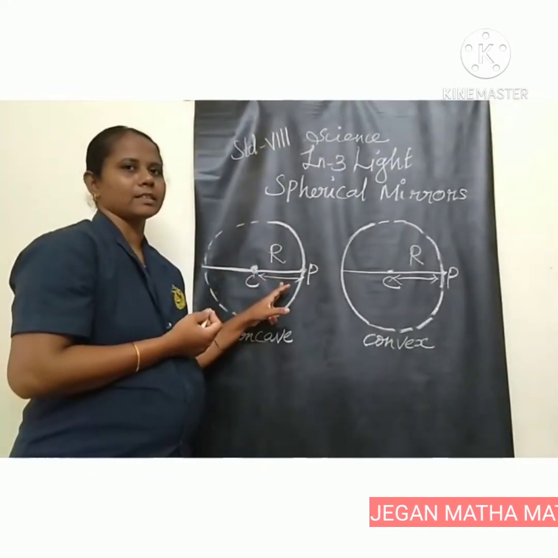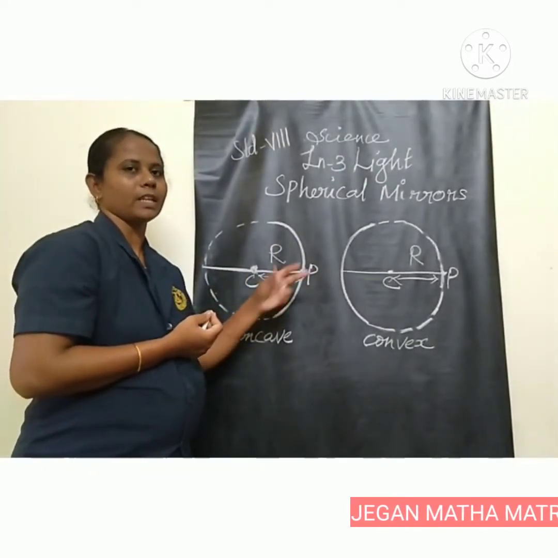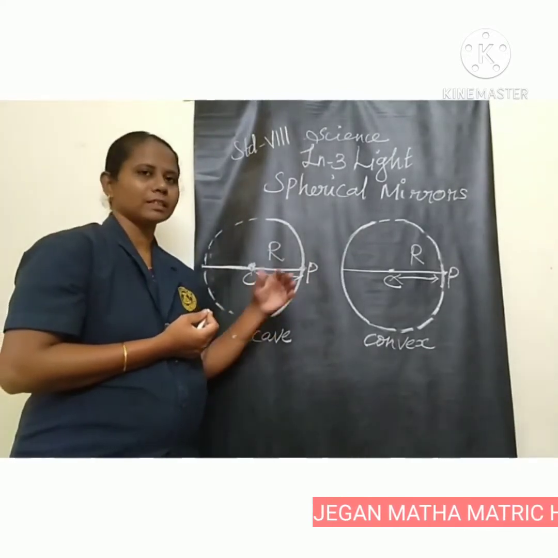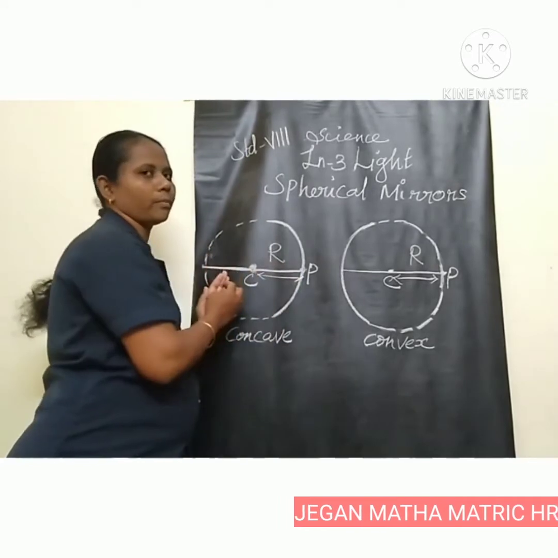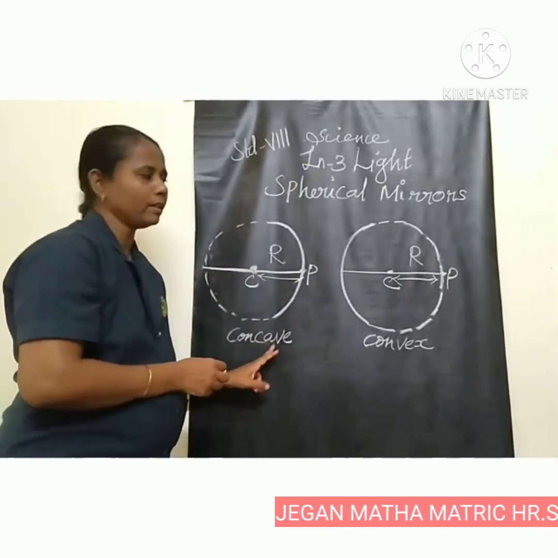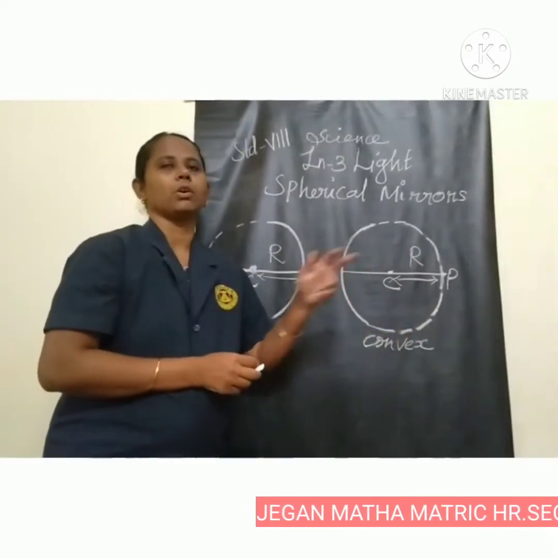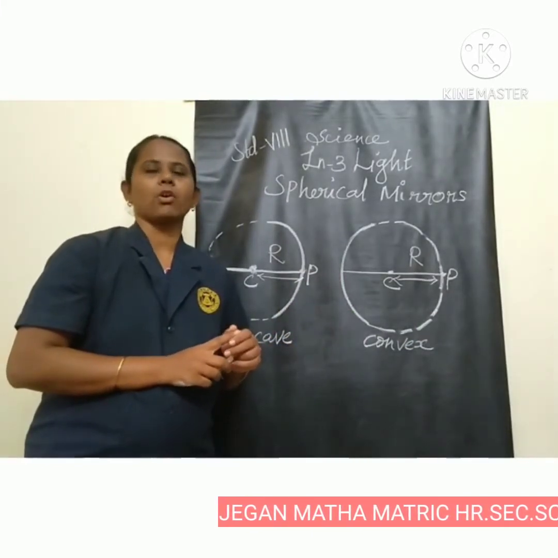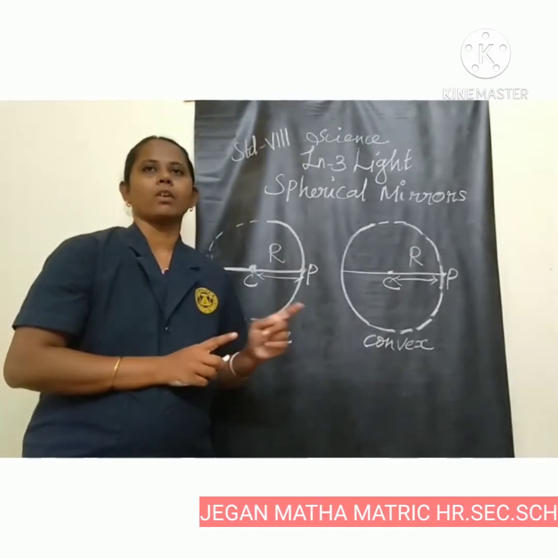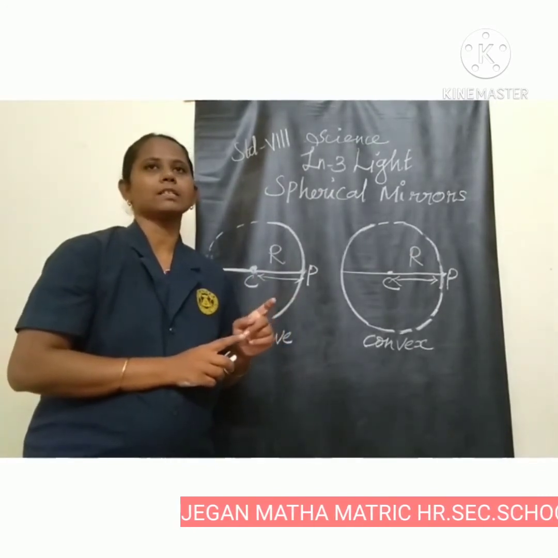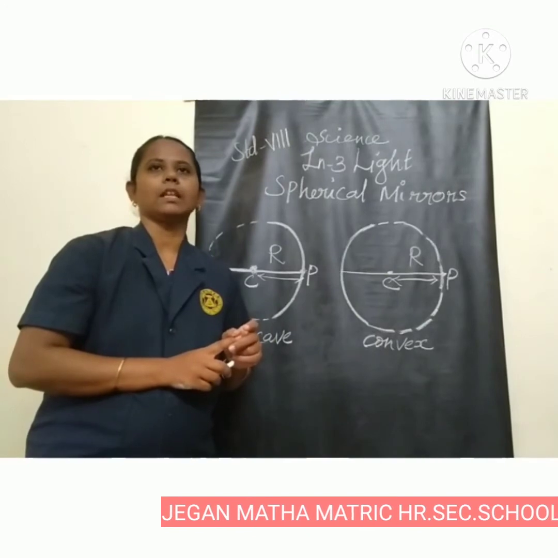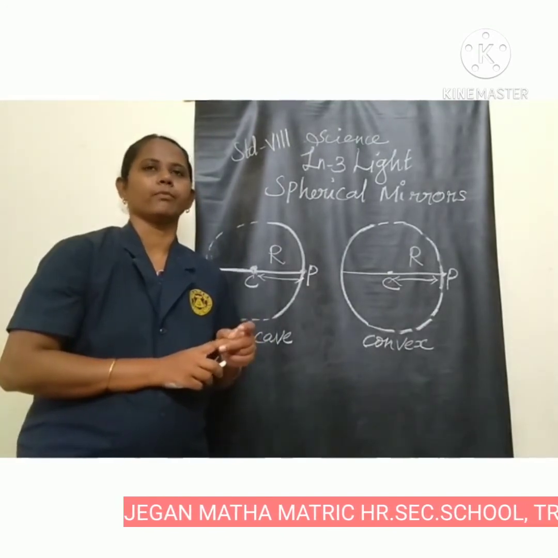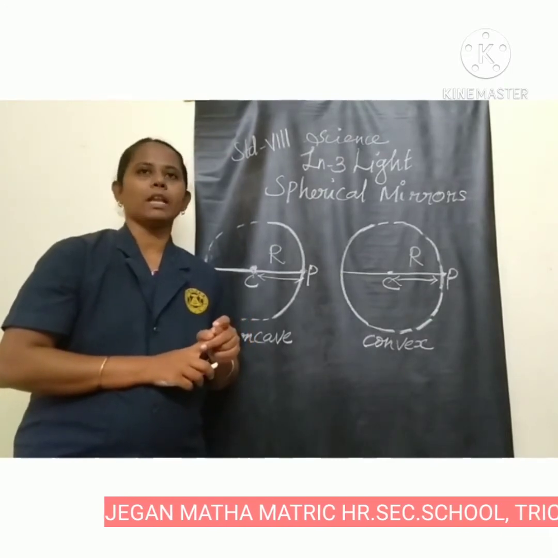The point where the rays converge is for a concave mirror and where they diverge is for a convex mirror. This is called focus. Another name for focus is principal focus. The principal focus is denoted by capital F.